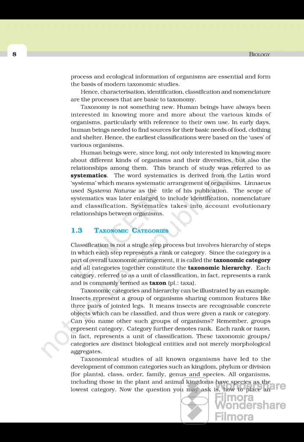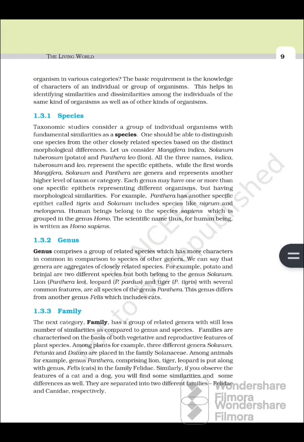Now, the question you may ask is how to place an organism in various categories. The basic requirement is the knowledge of characters of an individual or group of organisms. This helps in identifying similarities and dissimilarities among the individuals of the same kind of organisms as well as other kinds of organisms.